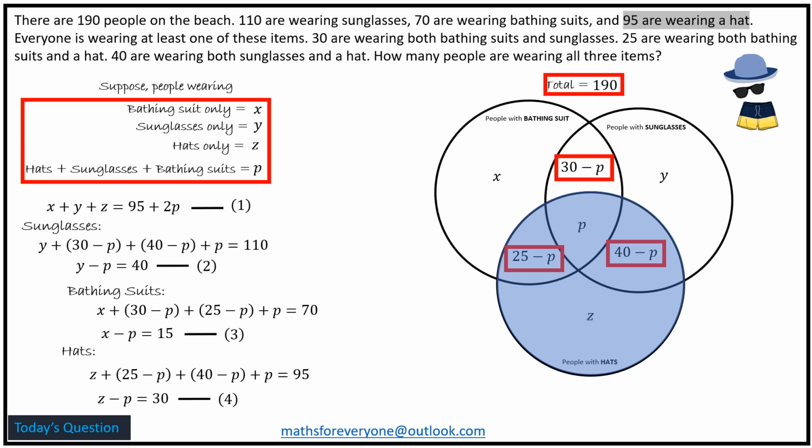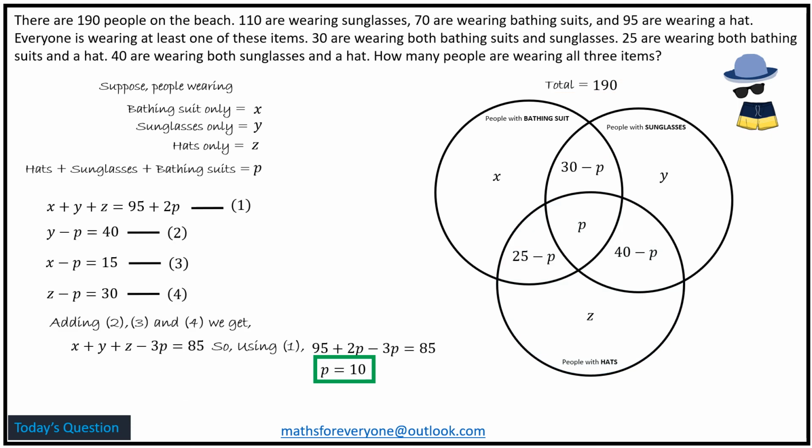So you see we have three equations involving X, Y, Z, and B. We know that X plus Y plus Z equals 95 plus 2B, and we don't really need to worry about X, Y, and Z. So what we'll do is add equations 2, 3, and 4, and equate it to equation 1, and we get B equals 10.